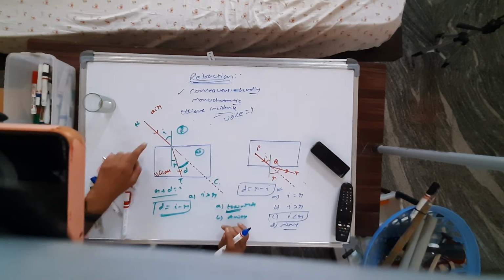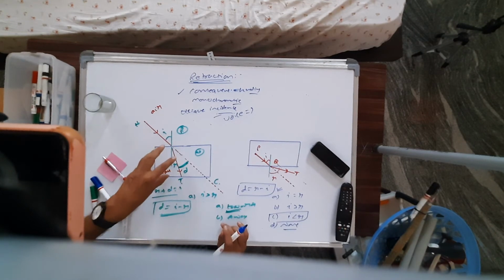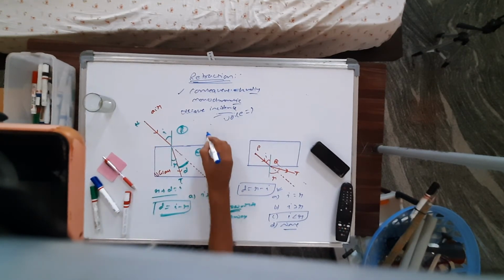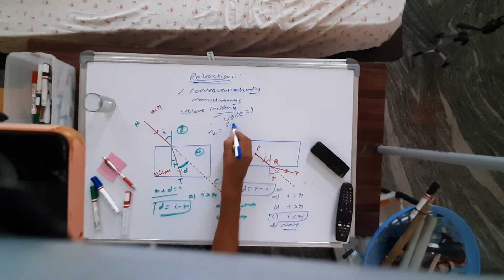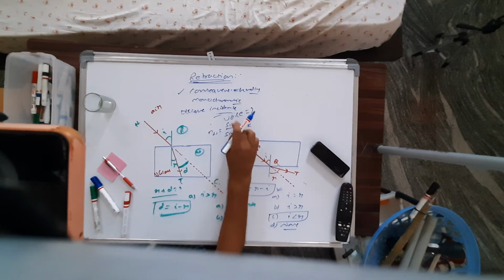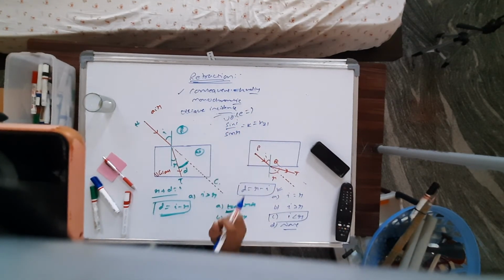Laws of refraction: the incident ray, the refracted ray, and the normal drawn all lie in the same plane. Second, for a given pair of media, the ratio of the sine of the angle of incidence to the sine of the angle of refraction is constant, and this constant is called the refractive index of medium 2 with respect to medium 1.